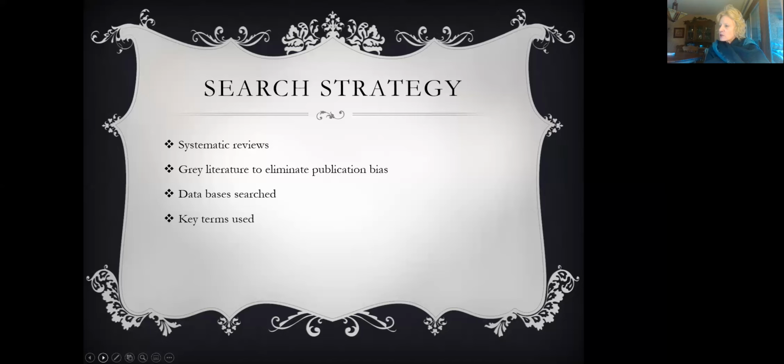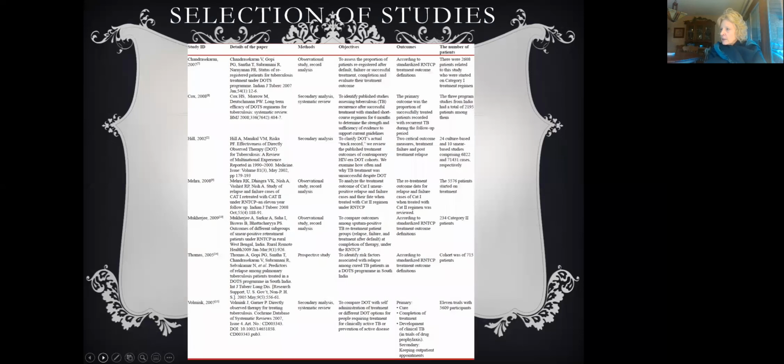The gray literature just refers to things that have not yet been published. It's also difficult to get studies with negative findings published, and that's where that bias comes in. So you want to include gray literature if you can find it. You want to also describe what databases you've searched and the key terms you've used.